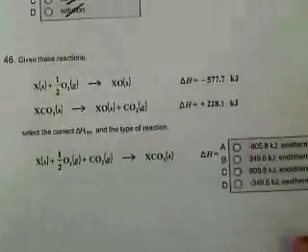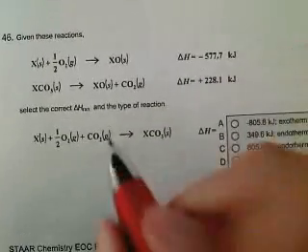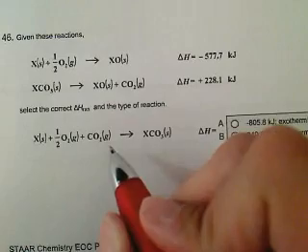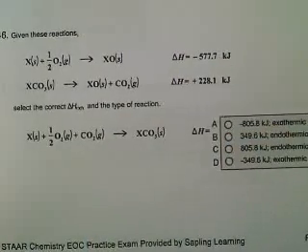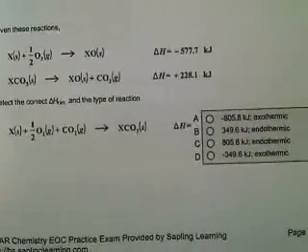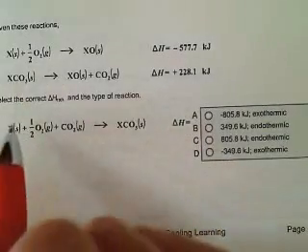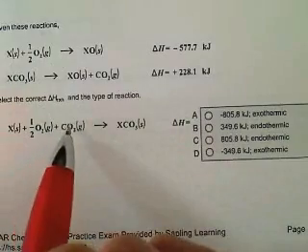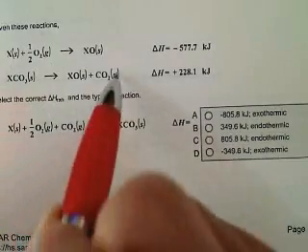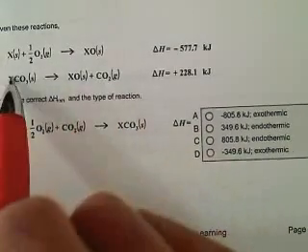Given these reactions here, it says find the correct delta H of the reaction. So in this case, we look at X here, O2. CO2 is on the reactant side in one and on the product side in the other, so we need to flip this reaction.